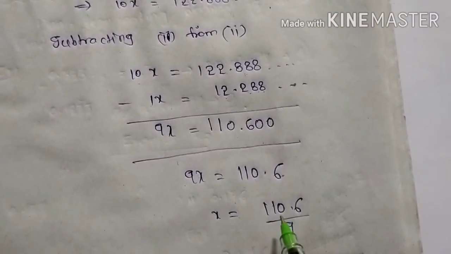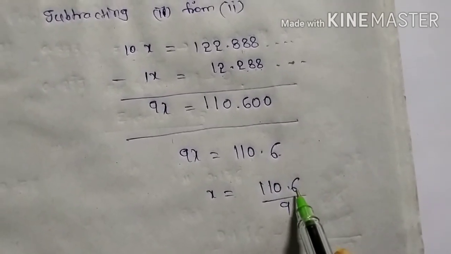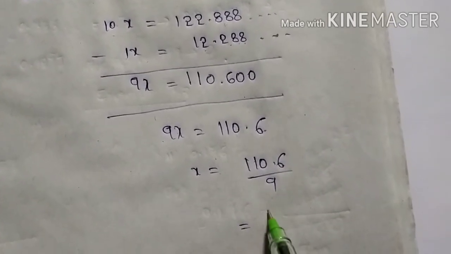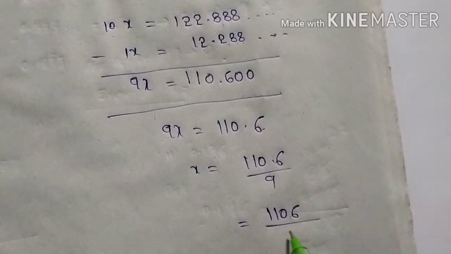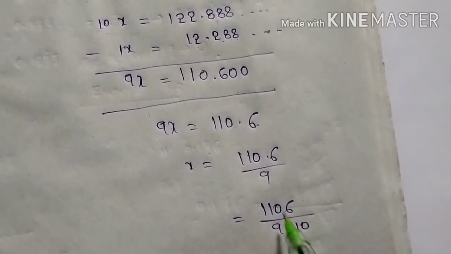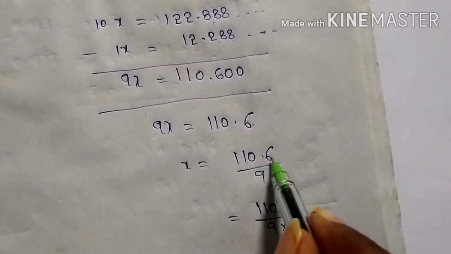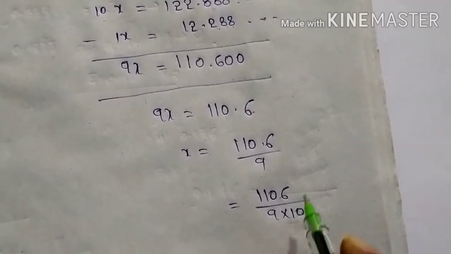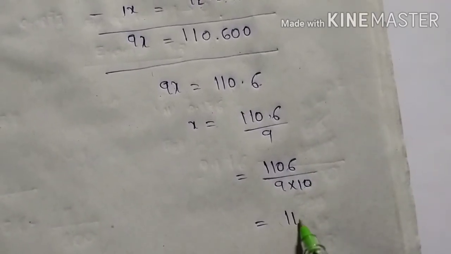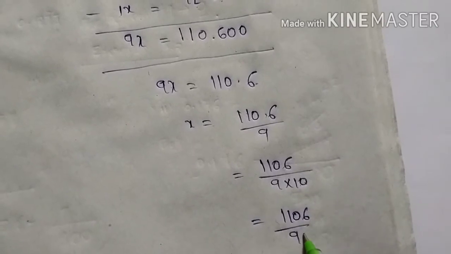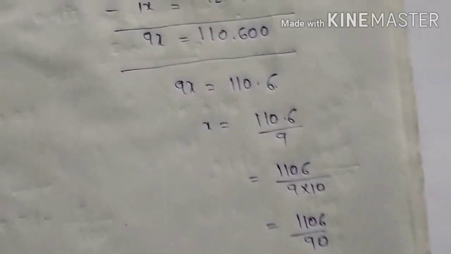When I transpose 9 to the RHS. But to remove the decimal point, you know how to write it: 1106 by 9 into 10. Can I write or not? While removing the decimal point, you write 10 in the denominator. That means you can write 1106 by 90. Yes or no? Yes, this is the x value.